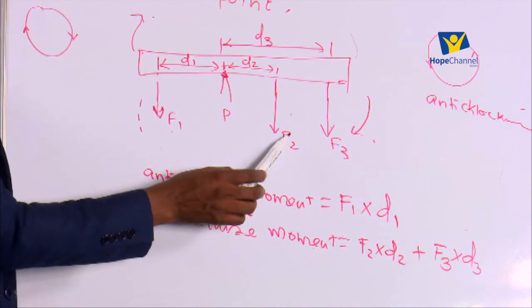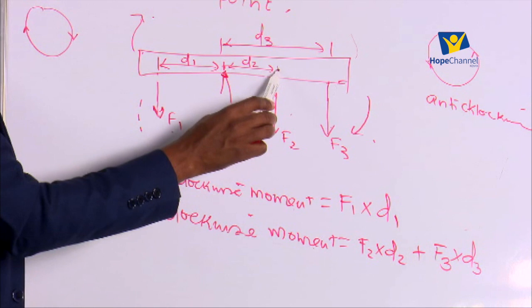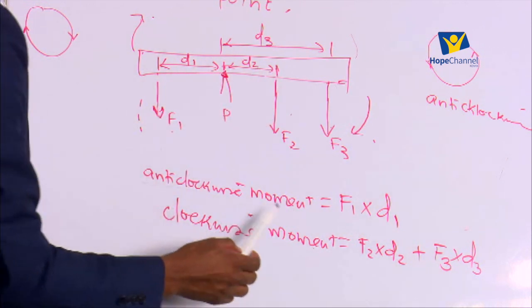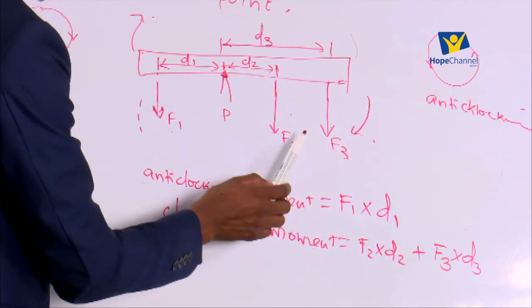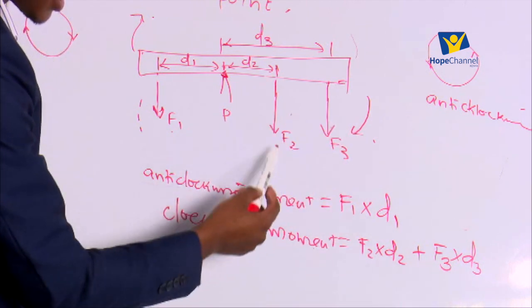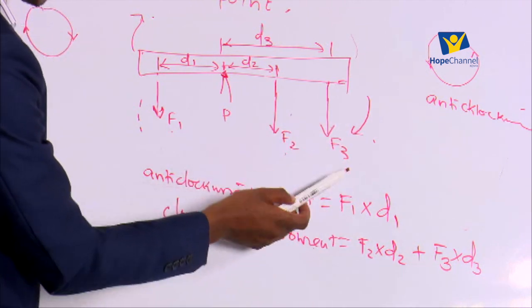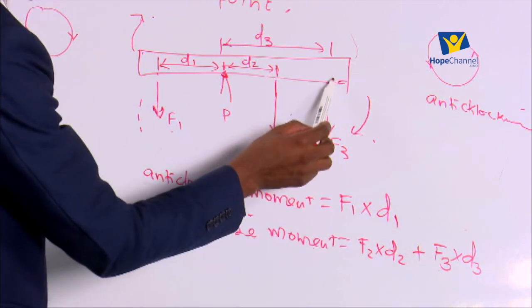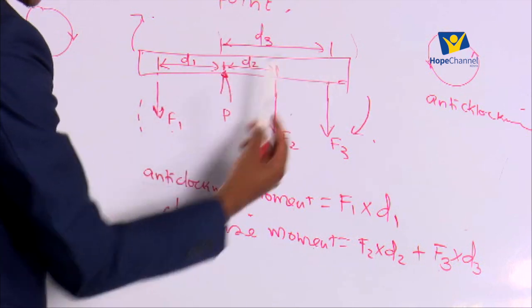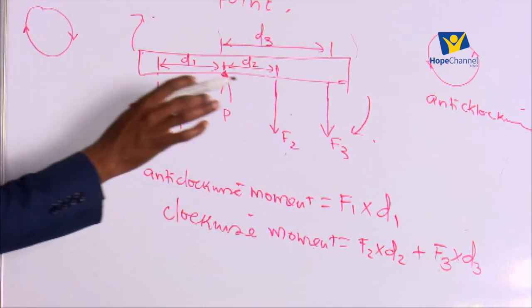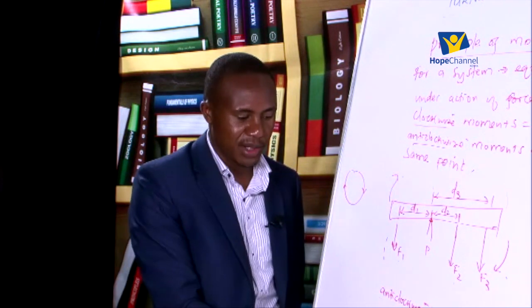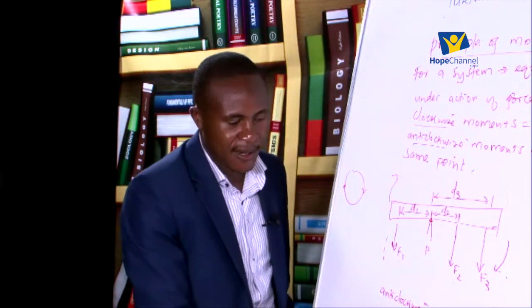That moment is F2 times the distance from the point of application of the force to the point of support, which is D2. And then we also have F3, which produces a rotation in the same direction as F2, the clockwise. So the moment due to F3 is the force F3 times the distance from the force to the point of support, D3. So if two forces are producing a moment in the same direction, we have a summation to get the total moment of the clockwise rotation.